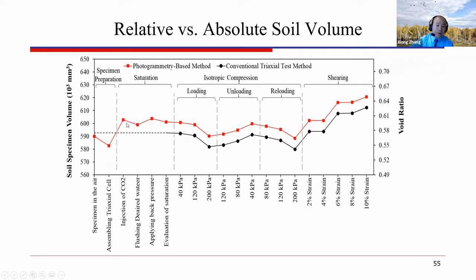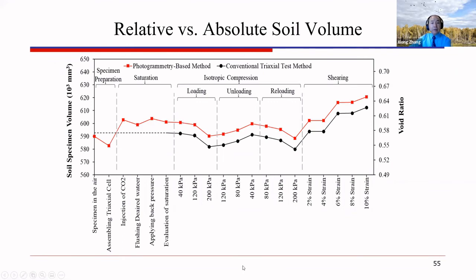And then if you flush it with the de-aired water, there is a compression because you are applying seepage force to it, right? When you apply back pressure, there is swelling. And then when you evaluate the situation, you apply back pressure, it compresses the soil a little bit. And then when you do the loading, you start to change, right?